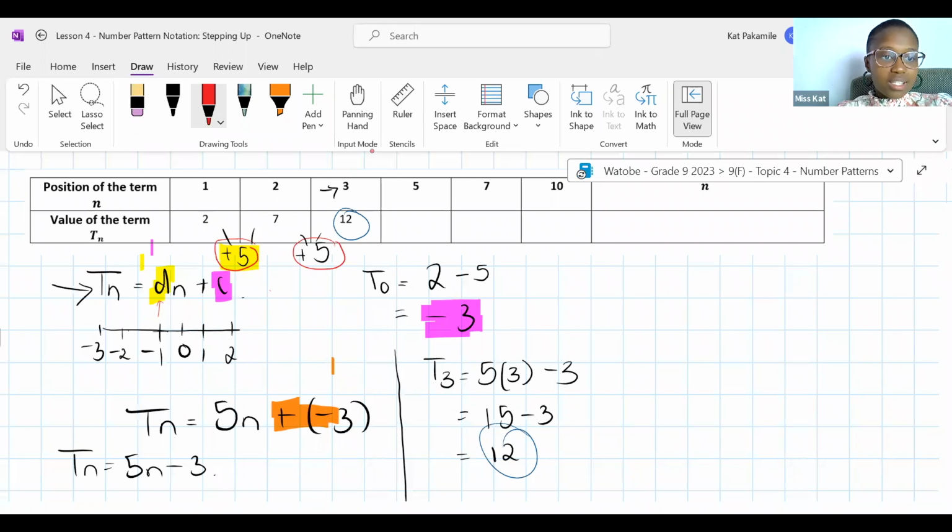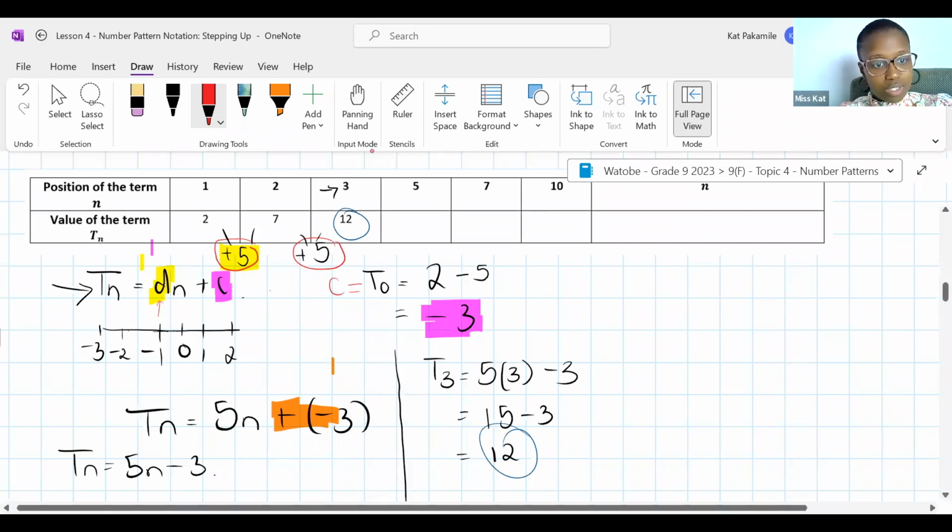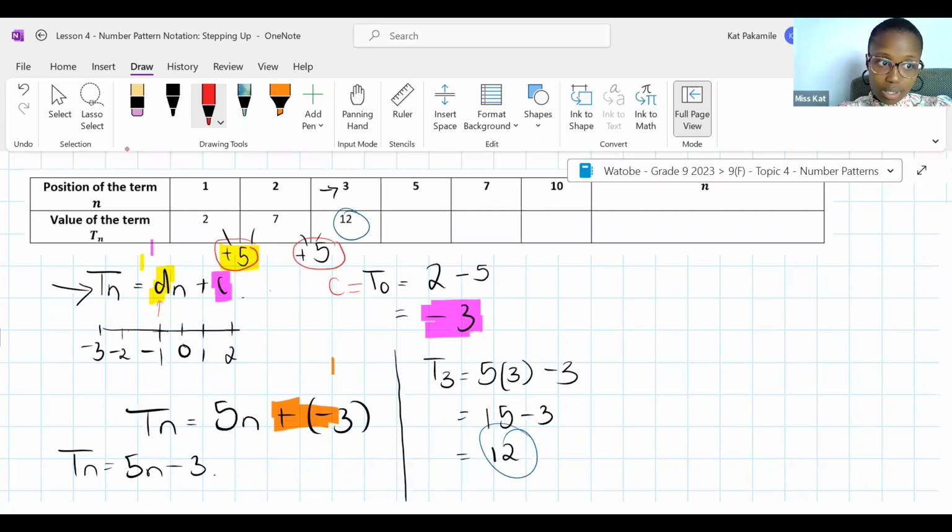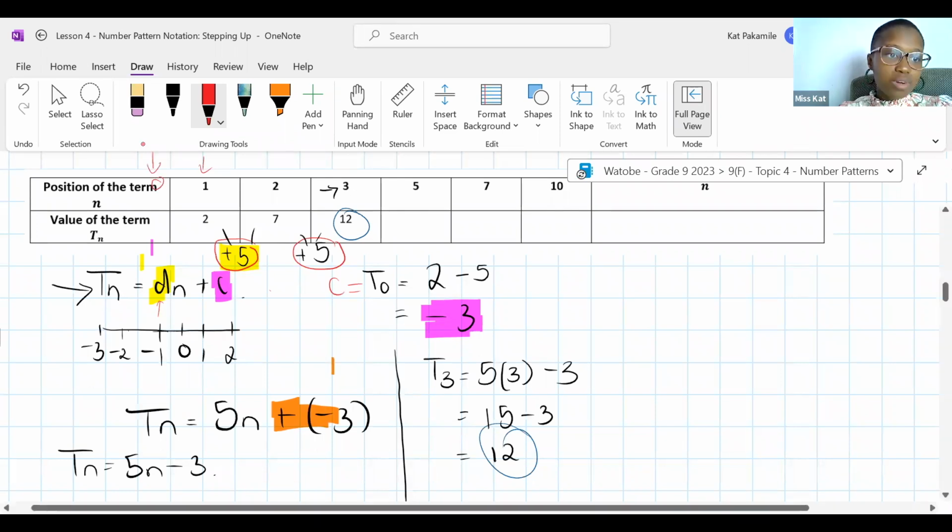Then I said C is equal to T0. Maybe I should have done this. This is C. T0 would be the term before term 1. Can you see the position of the term? This is term 1. The term that would come before it would be term 0, so you have to figure out what that term would be.